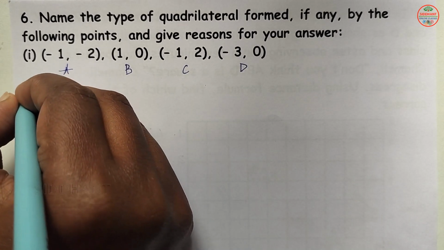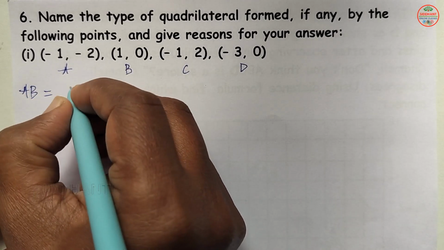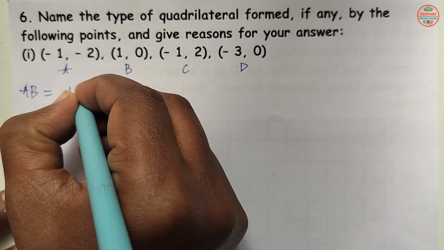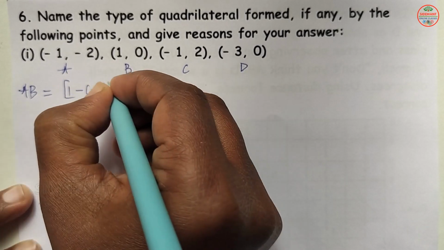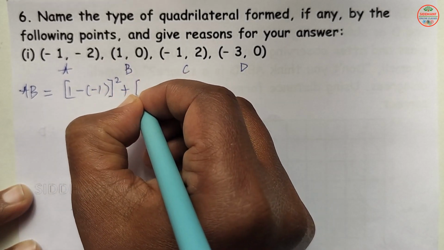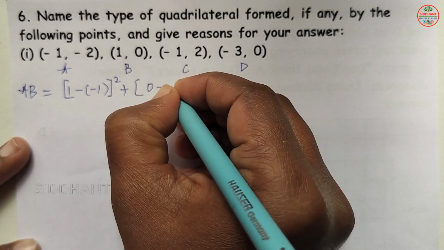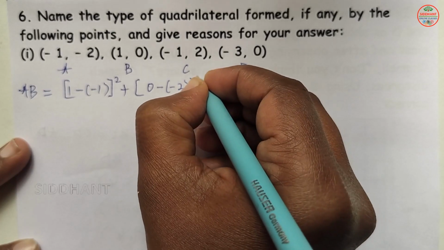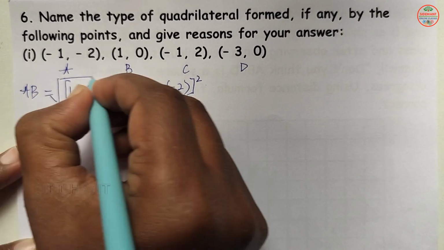So first AB. When you take x2 minus x1, that means 1 minus of minus 1, whole square, plus next y2 minus y1, which is 0 minus minus 2, whole square. This will be in the square root.